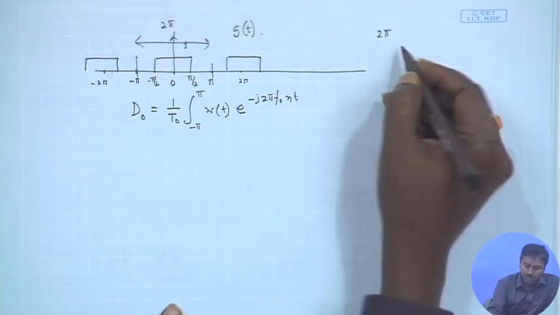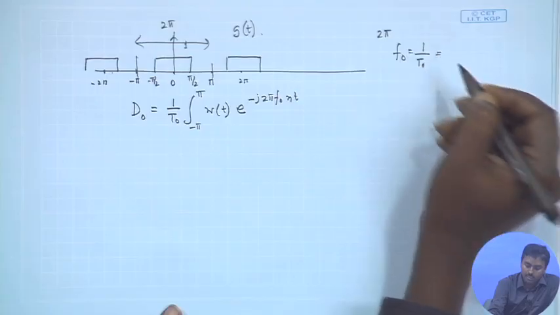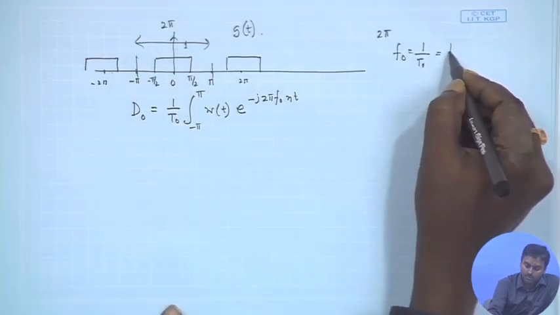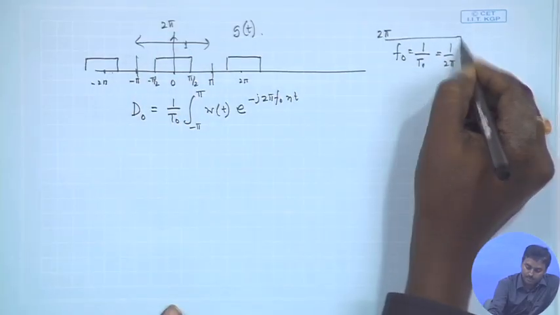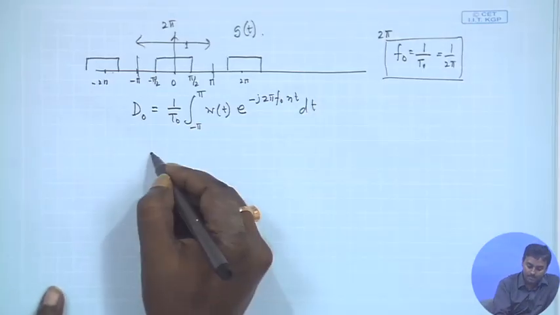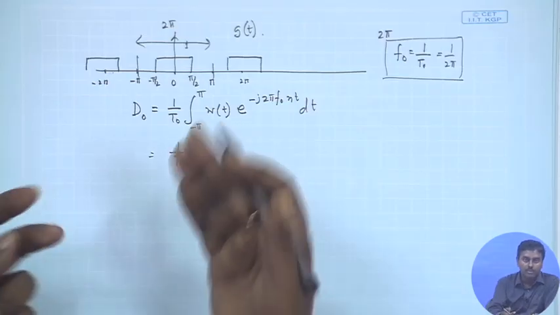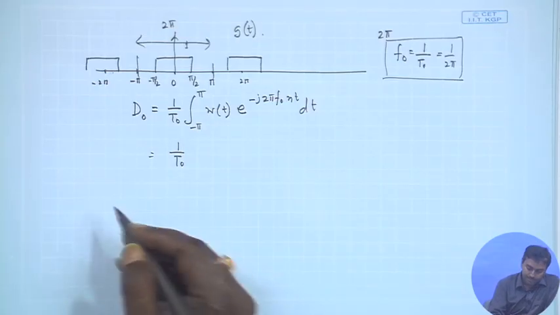Okay. So what is f0? f0 is 1 by T0, and T0 is just 2 pi, so 1 by 2 pi, right. So this is what we get. Now evaluate this integration. Actually we are trying to evaluate the Fourier series.